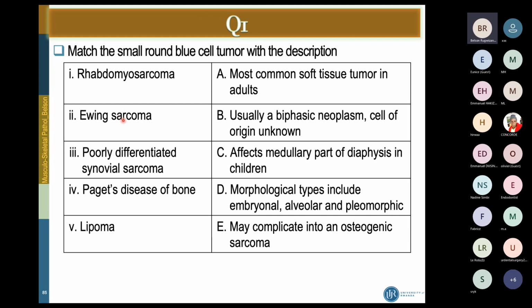So with Ewing sarcoma, one cancer cannot complicate into another cancer, that is not possible. Paget disease being benign, it can complicate into a cancer, but one cancer cannot complicate into another cancer. So what are the characteristics of Ewing sarcoma here? Of a bone. So here we are in the bone.